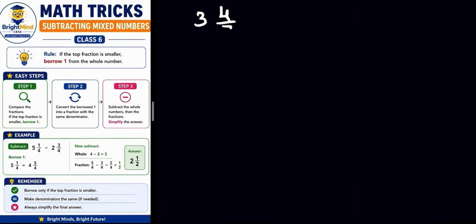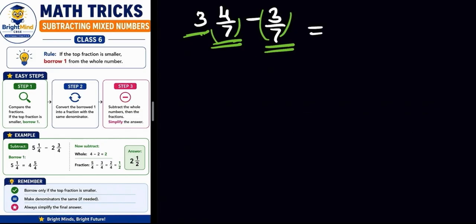3 and 4 by 7 minus 3 by 7. Here, first we need to check that the denominators are the same. Okay, the denominators are the same. So first, separate the whole number and the fraction. Let me write this again: 3 and 4 by 7 minus 3 by 7.